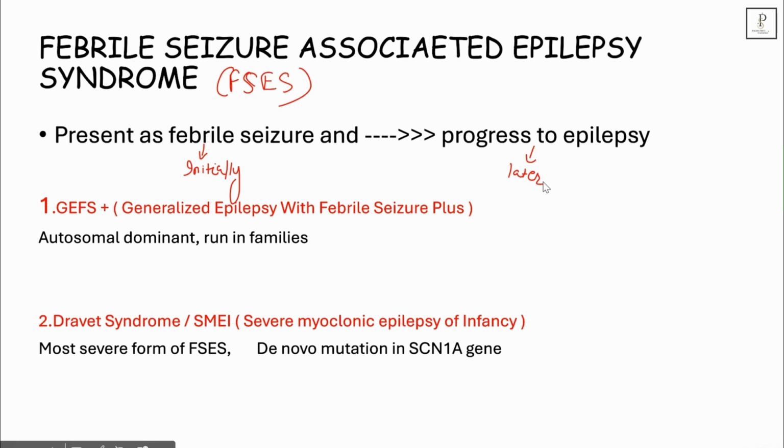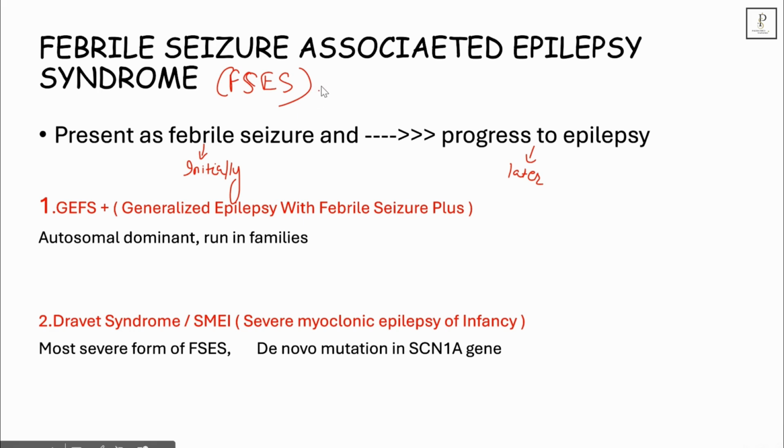We need to know that epilepsy is different from febrile seizure, because epilepsy is a serious condition and needs aggressive treatment and aggressive evaluation, and in epilepsy the seizures will be without fever. So it is different from simple febrile seizure. But febrile seizure may progress to epilepsy, when we call it a febrile seizure associated epilepsy syndrome.